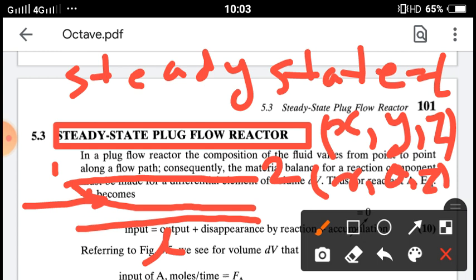Now our first step is to make a material balance over the reactor, but before that we need to think about how to make the material balance, because there are two ways. The first way is that we can make the material balance on the entire reactor, and the second way is that we can take some small circular piece out of the reactor, make a material balance over it, and after that make the integration for the entire reactor.